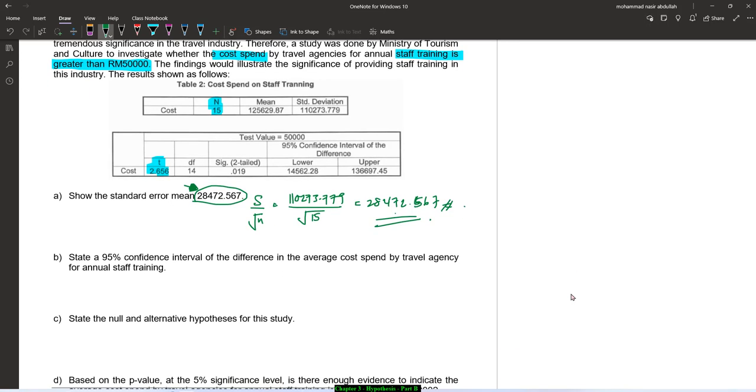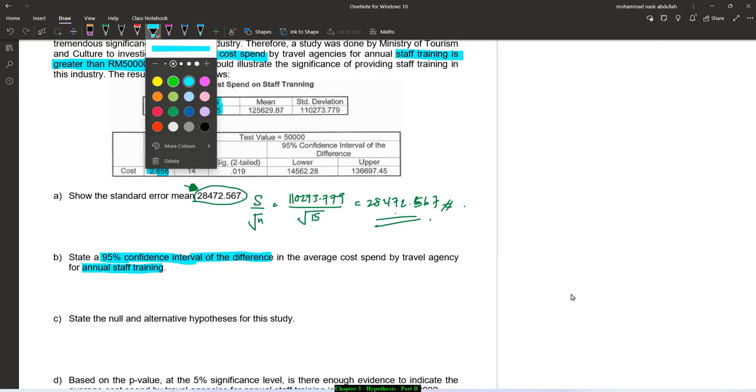So B, state the 95% confidence interval of the difference in average cost spent by travel agency for annual staff training. So this is the confidence interval of the difference, right?